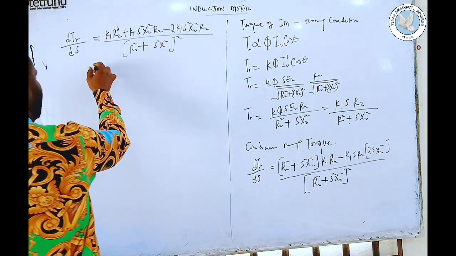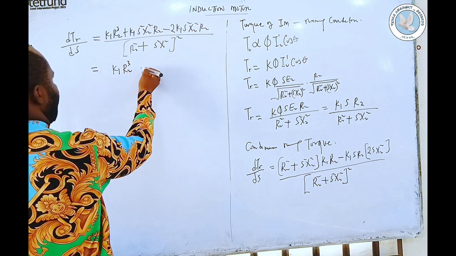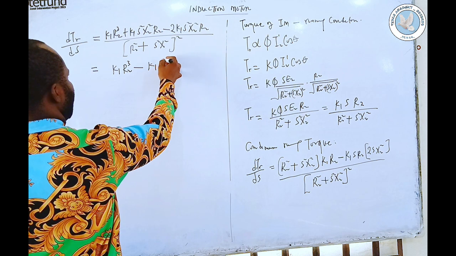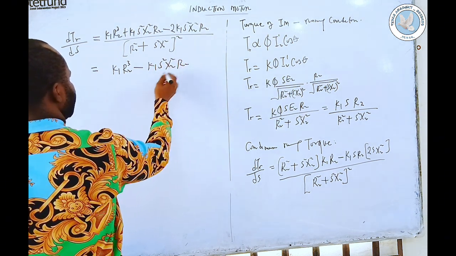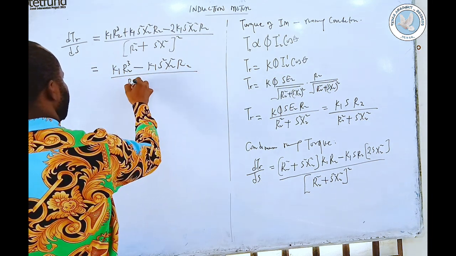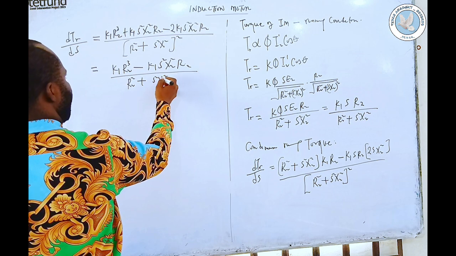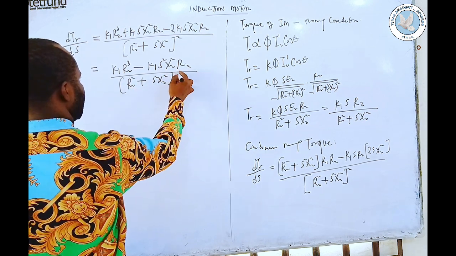So this will give us K1 R2 to the power of 3 minus K1 R2 this and that, divided by all this to the power of 2.